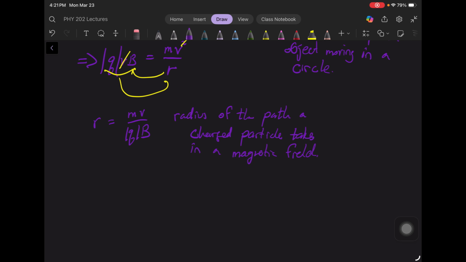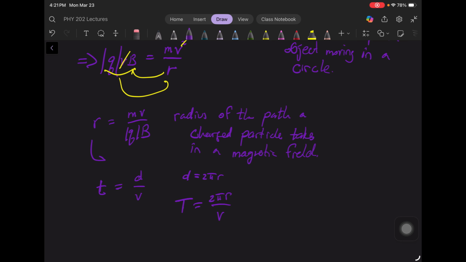So let's say we wanted to find the period, right? How long it takes to go in a full circle. Well, let's just say time is equal to distance over velocity. If we're going in a full circle, 2 pi r. And so we could say the period is equal to 2 pi r divided by v.